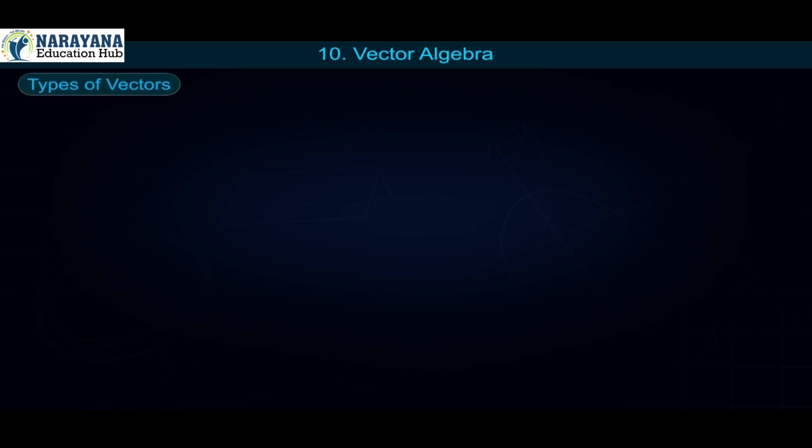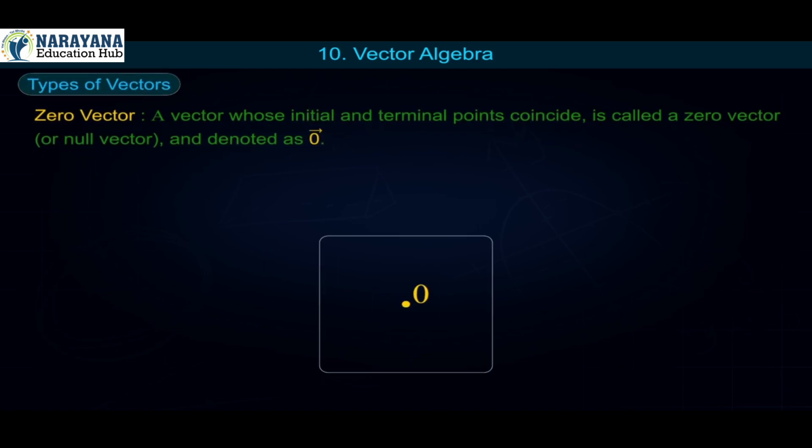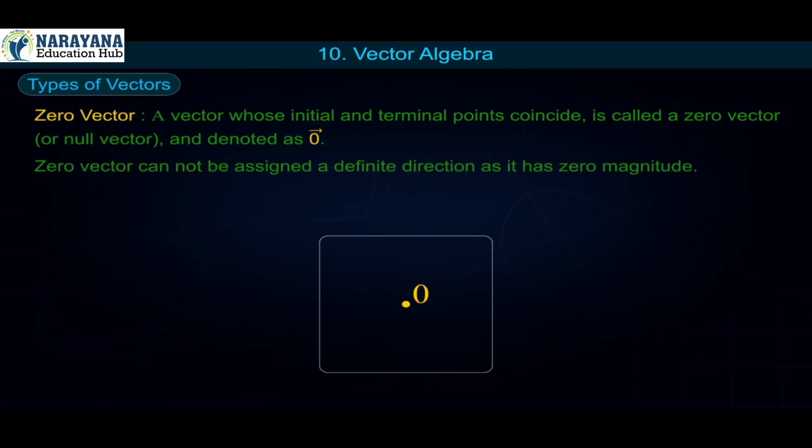Types of vectors. Zero vector. A vector whose initial and terminal points coincide is called a zero vector or null vector, and denoted as vector 0. Zero vector cannot be assigned a definite direction as it has zero magnitude, or alternatively, it may be regarded as having any direction.